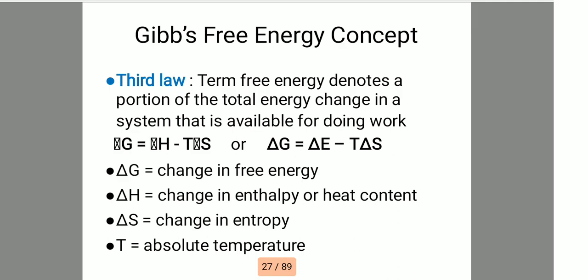Therefore, delta G is equal to delta H minus T delta S, or delta G is equal to delta E minus T delta S, where delta G is the change in free energy, delta H or delta E is the change in heat content or enthalpy, delta S is the change in entropy, and T is the absolute temperature.